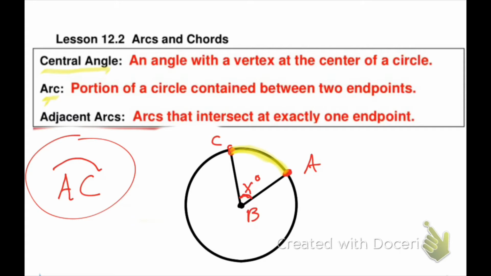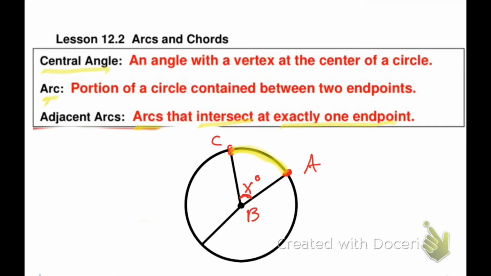Now, adjacent arcs are arcs that intersect at exactly one endpoint. So let's go ahead and use the radius, because remember the radius, I can move it wherever I want. It's always going to be the same. So I can move this around wherever. And wherever I move this, that's going to create another central angle.